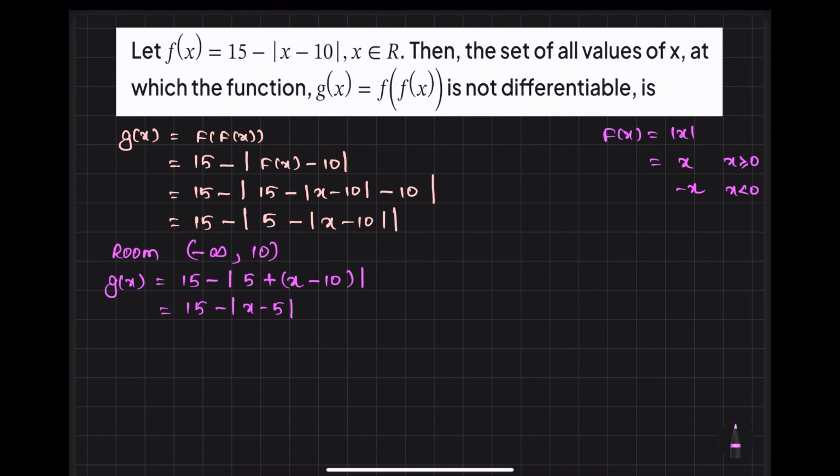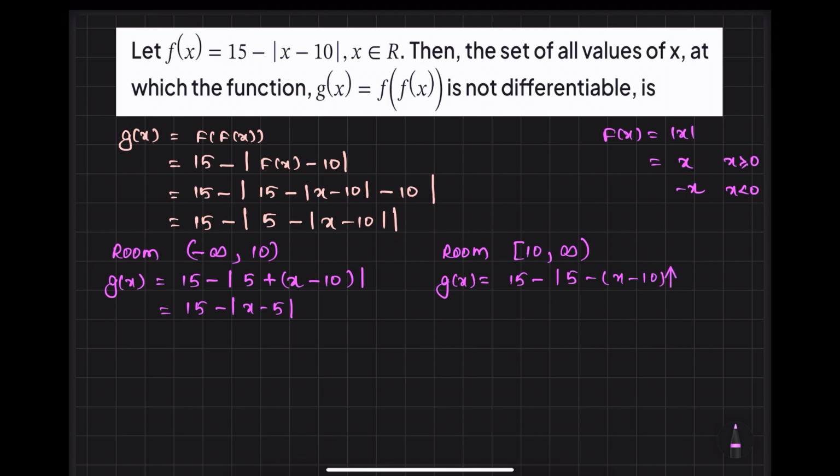Okay, now the second room from 10 to infinity. 10 you have ignored, so you will keep 10 this side, to infinity. In this room it is positive, so it will directly open. So g of x will look like 15 minus mod 5 minus x minus 10.